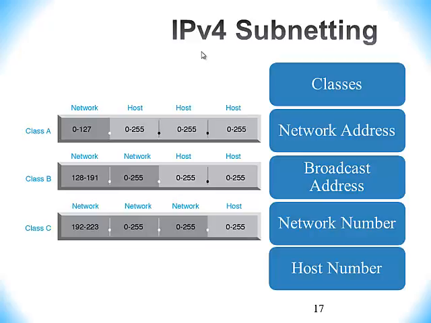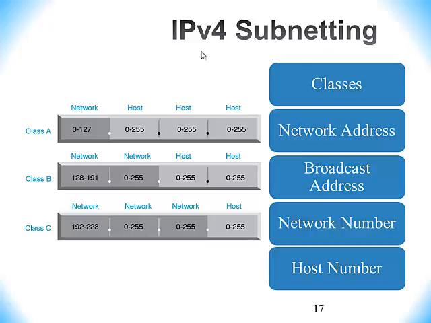With Class B, the first 16 bits represent the network, and the remaining 16 represent the host. And with Class C, the first 24 represent the network, and the remaining 8 represent the host. Alright, and then a broadcast address is the IP address used to communicate with all devices on a particular network.